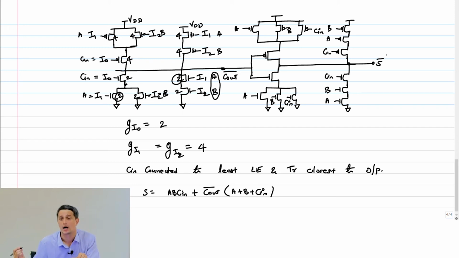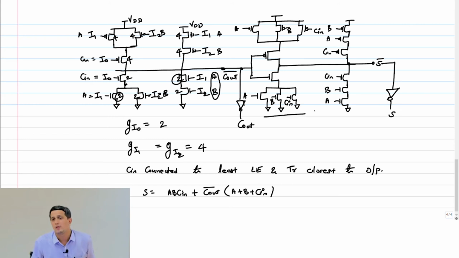This is S bar. In order to now generate the carry out and the sum, you basically have to take out these nodes and add an inverter to it. You'll get the C out and the sum.